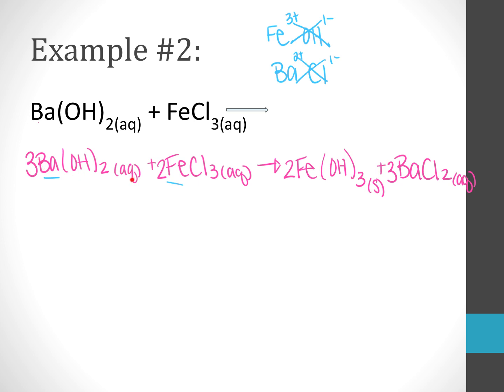So barium hydroxide is aqueous, which means it's going to break up. So it's going to break up into 3 barium ions. And then what's 3 times 2? Okay, 6. So I'm going to write it as 6 hydroxides. And I'm just going to put that 6 as a coefficient.